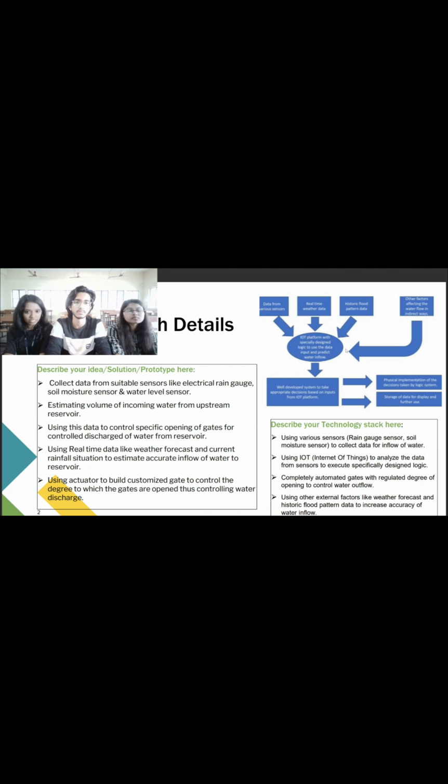A program will be designed in such a way that it will help us to know when, how, and by how much degree the gates should be opened in order to prevent any excess water dropping out of the reservoir, hence preventing the flood. Also, other external factors like weather forecast and historic flood patterns, which already exist near the dam areas, using such data, we can also improve the accuracy of our project.